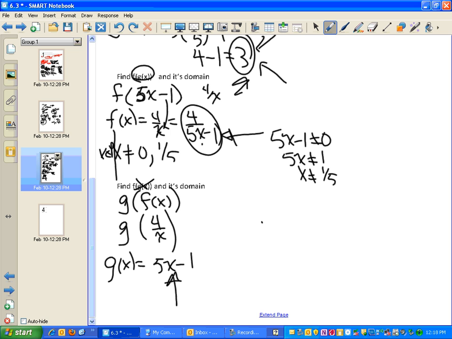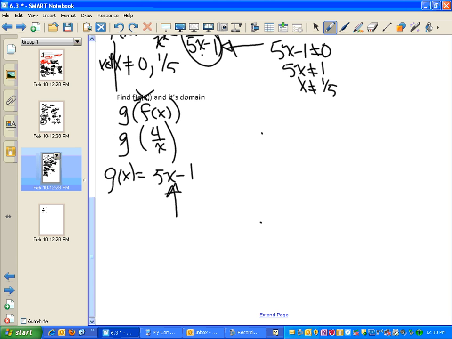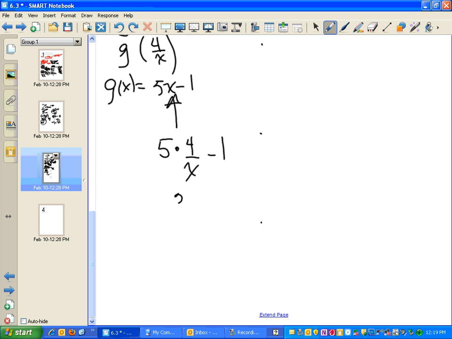So what's going to go into this spot right there? 4 over x. Does that make sense? So that means what I really want to have is 5 times 4 over x, minus 1, which is 20 over x minus 1. Do you see how this is just a substitution problem?